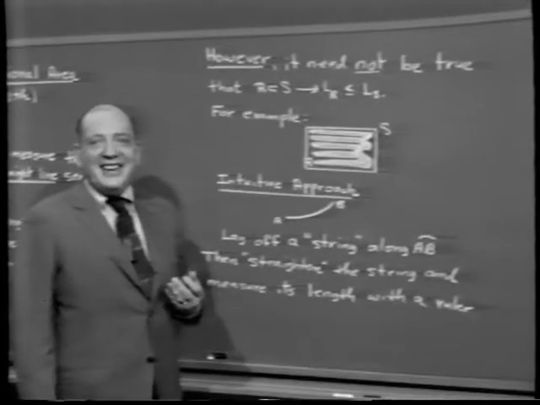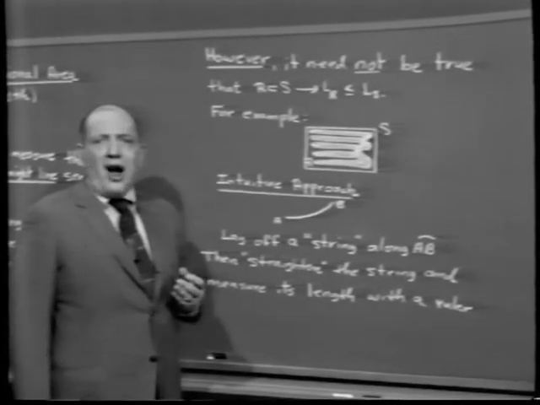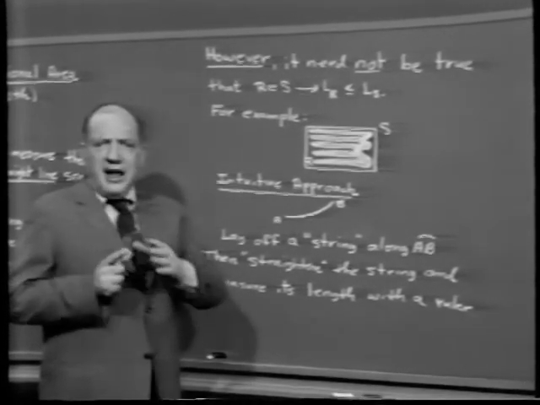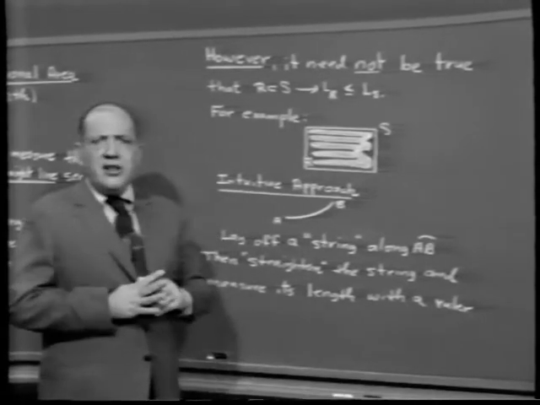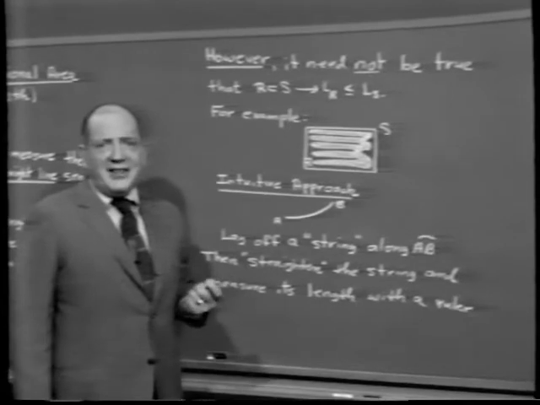All I want you to see here is that it's plausible to you that we cannot talk about lengths by squeezing them as we did areas and volumes between regions that we already knew contained the given region and were contained in the given region.